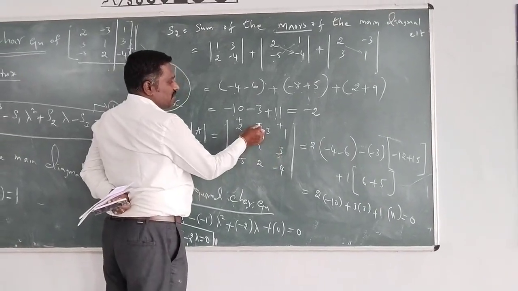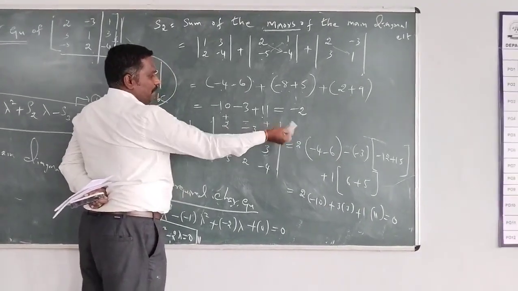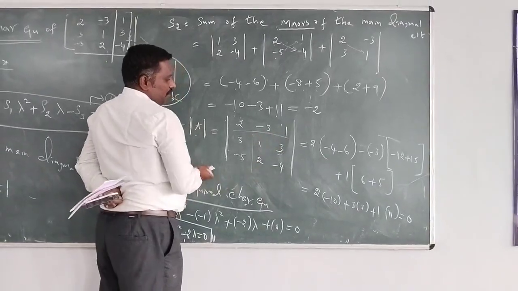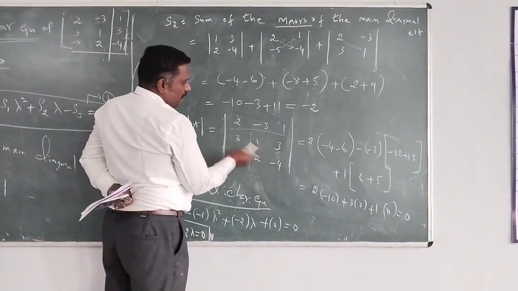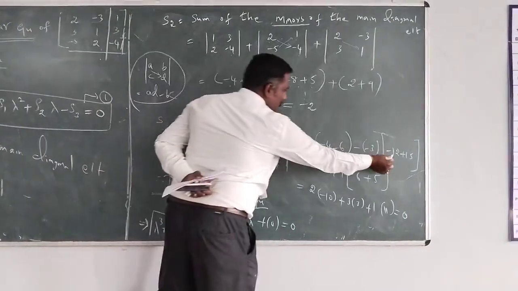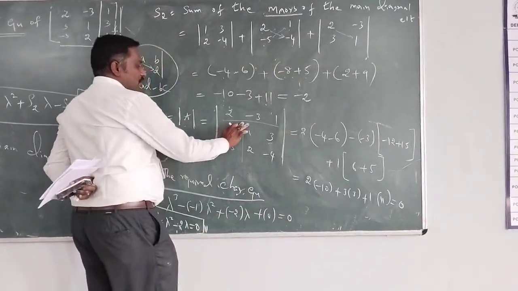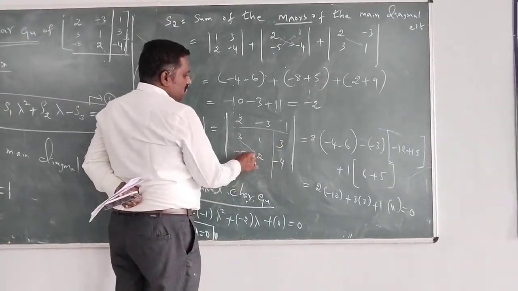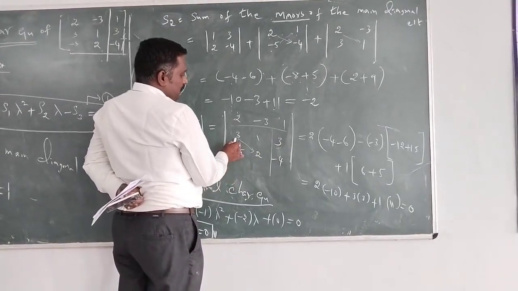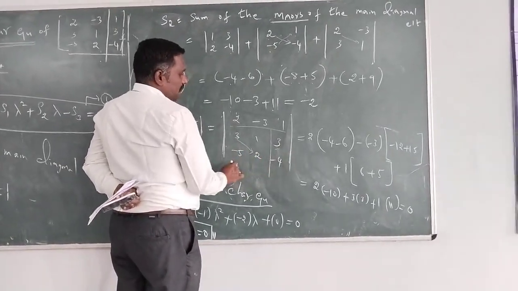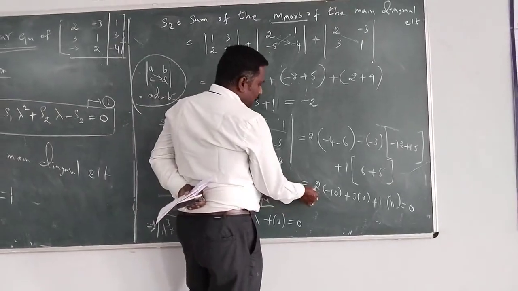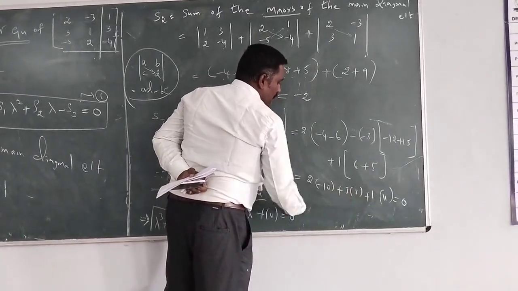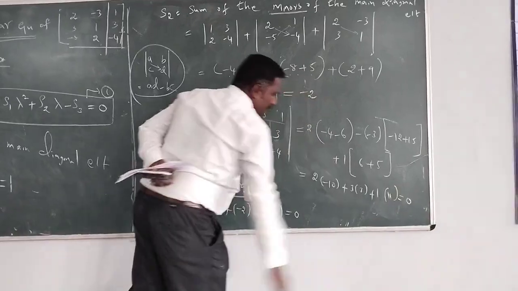The next sign is minus, 3 into minus 3, deleting the first row and second column gives minus 12 plus 15. Last, deleting the first row and third column gives minus 6 plus 5. Simplifying, 2 into minus 10 plus 3 into 3 plus 1 into 11. You add the values and you get 0.